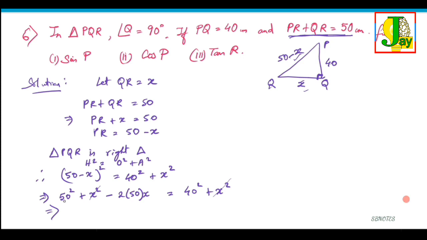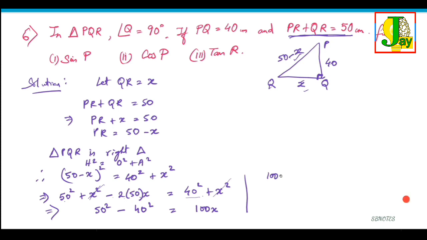What is left is 50 square minus 100x equals 40 square. Let us take 100x to the right hand side, it becomes plus 100x, and 40 square to the other side, so 50 square minus 40 square. Now you can solve for x.